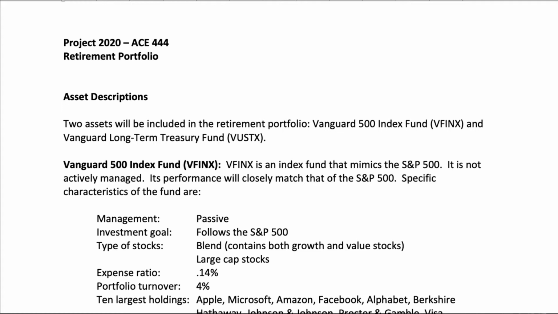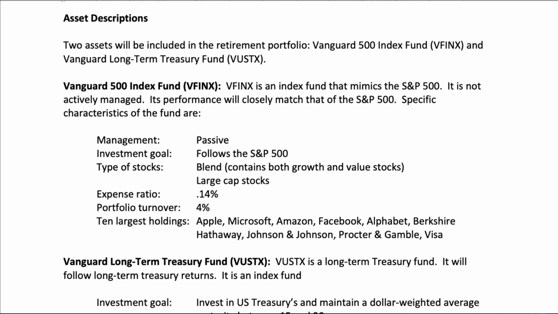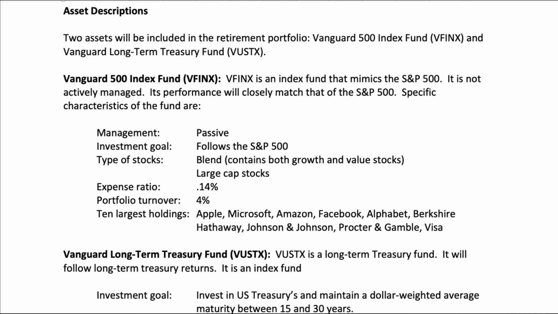For each one of those assets, I want you to describe those assets, and here you can see I did that pretty quickly. I described the Vanguard 500 Index Fund. It's an index fund that mimics the S&P 500. You can see I listed what the management is, the investment goal, types of stocks.